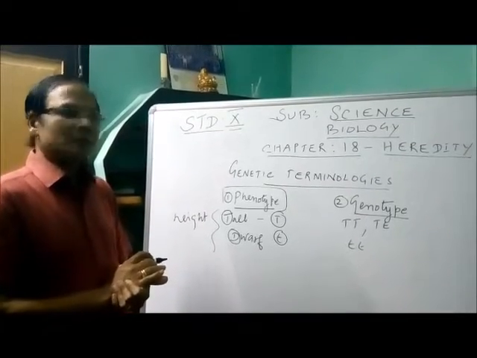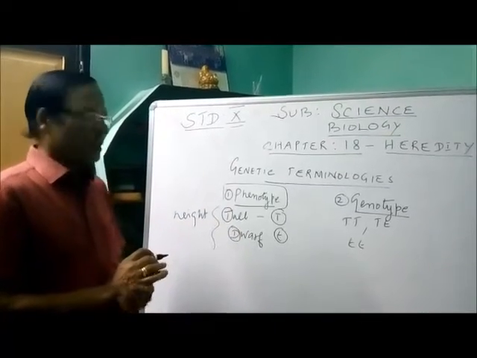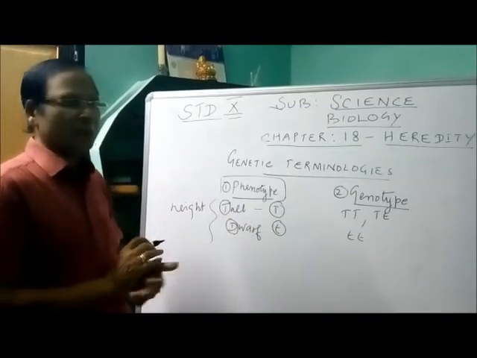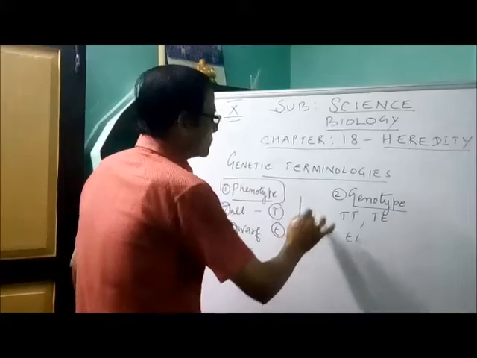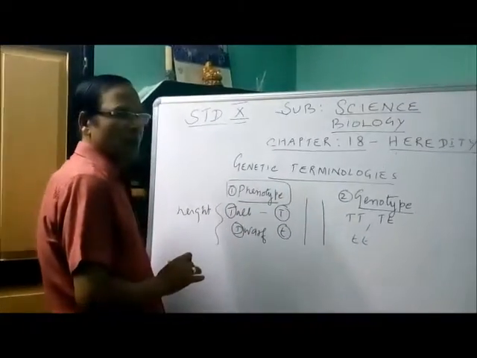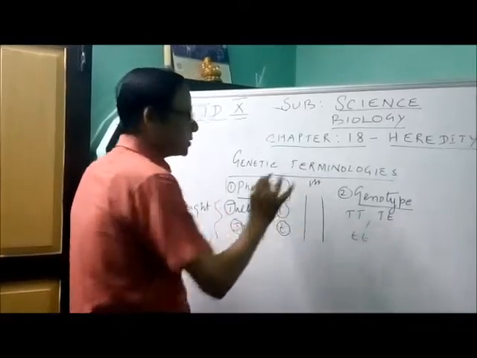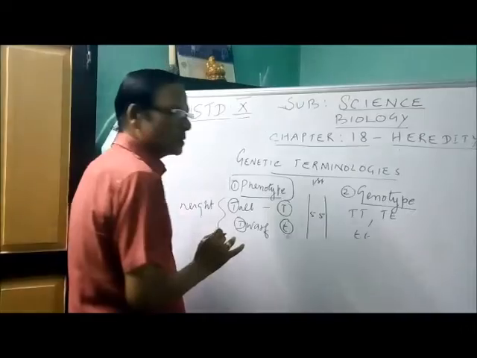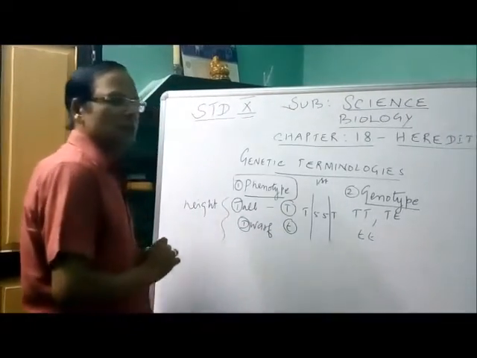What are the factors responsible for the tall character or dwarf character? I mentioned already, T is the factor or gene controlling the tall character. Now, normally if you are taking any chromosome, they are found in pairs. Let's assume the gene T is present in the first pair of chromosomes, at the fifth locus, just for the sake of example.